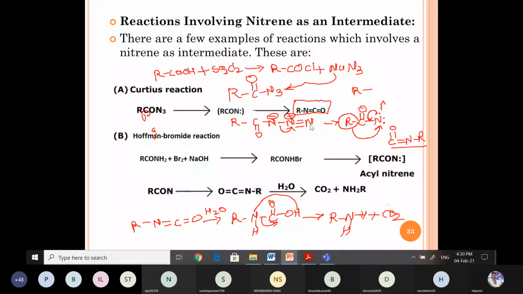When removal of N2 takes place, at that time nitrogen has deficiency of electron, so nitrogen will pull electron from the neighboring nitrogen. When it pulls electron, it will convert into positive. The nitrogen's own lone pair of electrons will remain, and the electrons from the negative charge will also remain, but it removes the electron itself, so this form will be formed. That is called generation of nitrene.